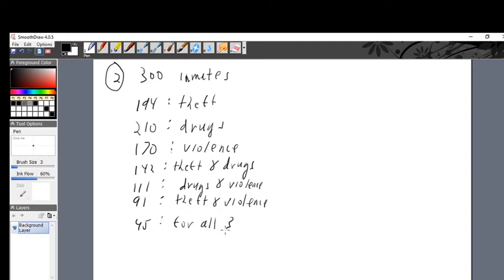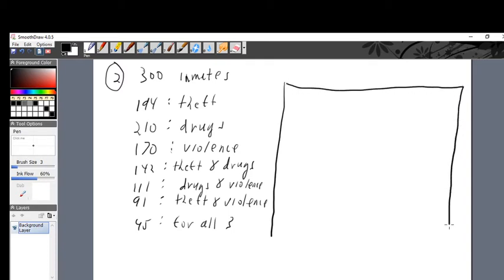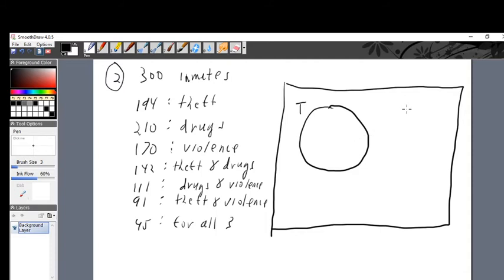Okay. Now, we need a Venn diagram, and a relatively big one. So I'm going to make it pretty big. There we go. And I'm going to put theft in the upper left. Okay, T for theft. Then D for drugs.